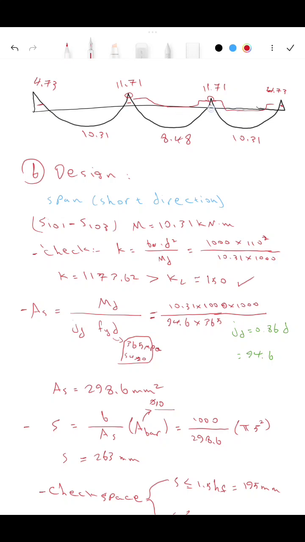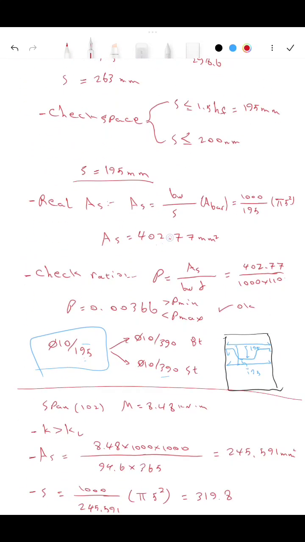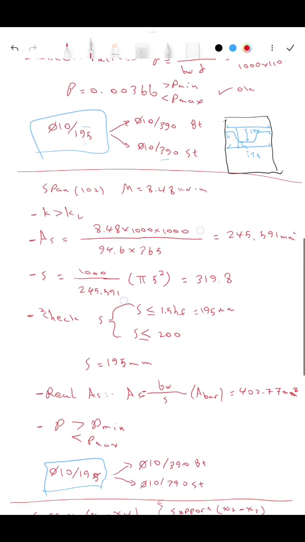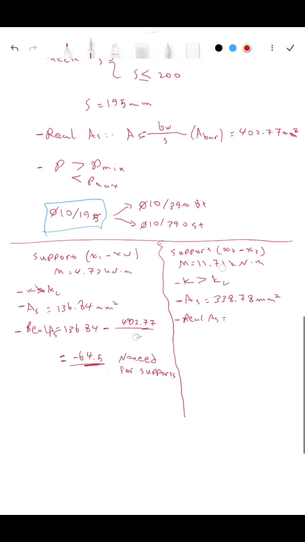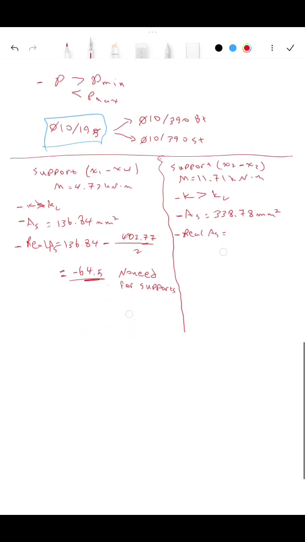Both of them are supporting this. Here the 402 from this span will be supporting half of it to the support, and also the 402 from the other span will be supporting this support. So we have half of 402 and half of 402, two times.